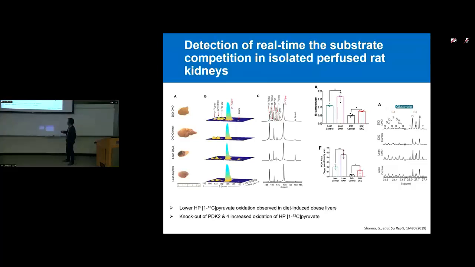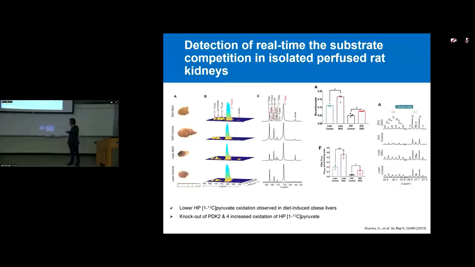When you knock out or inhibit PDK, obviously PDK inhibits the pyruvate dehydrogenase, or oxidation of pyruvate. So when you knock out or inhibit this enzyme PDK, PDH is going to be activated. So what you're going to see is an increased oxidation of glucose and pyruvate in this case.